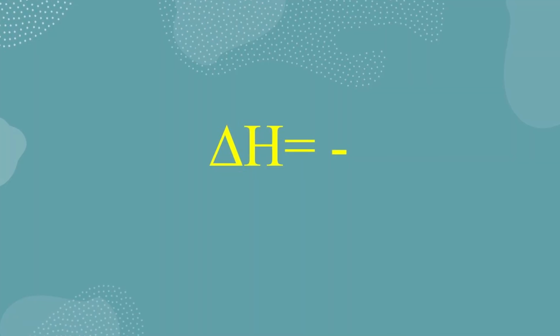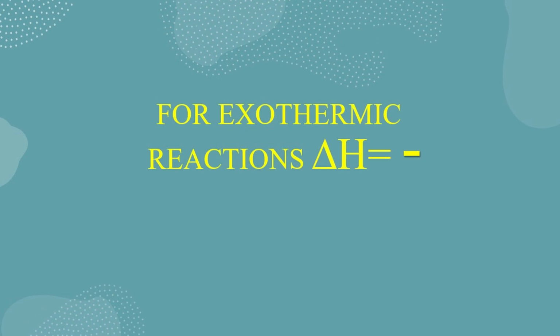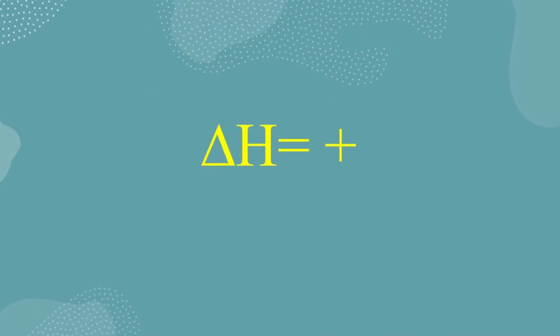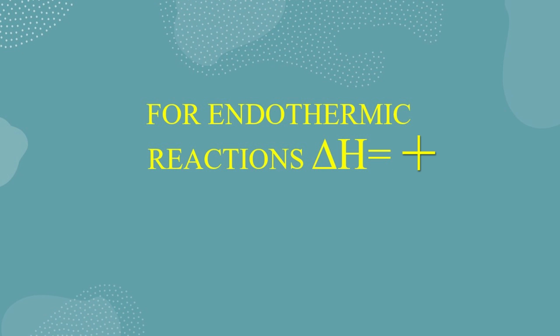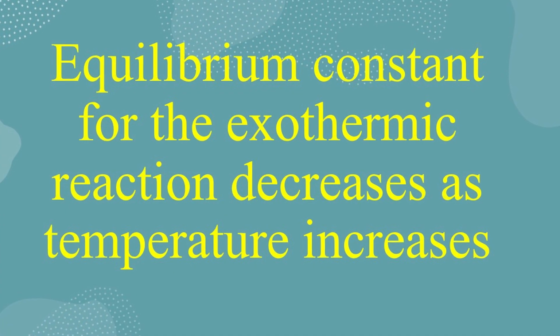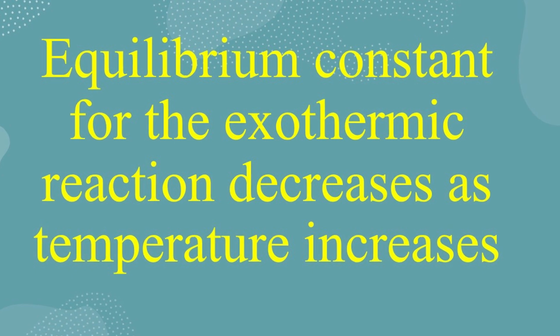If delta H is negative, such reactions are called exothermic reactions. If delta H is positive, then the reaction is called an endothermic reaction. The equilibrium constant for an exothermic reaction, that is having negative delta H, decreases as the temperature increases.